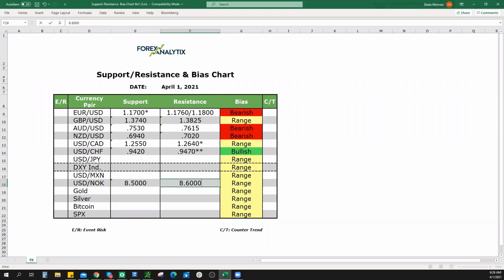I don't know if I really want to be short the euro, to be honest. I've got euro longs, I'm long euro sterling, long euro Aussie, so I don't really know if I want to be short euros right now, but we'll see. The market's opening here in just a few minutes.